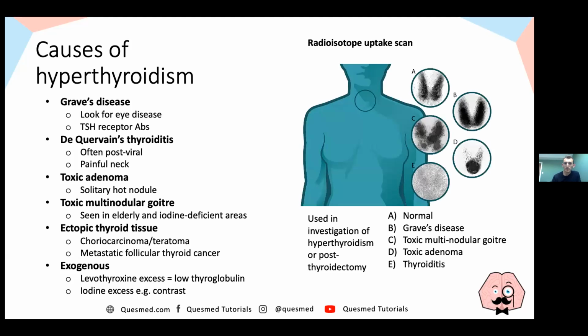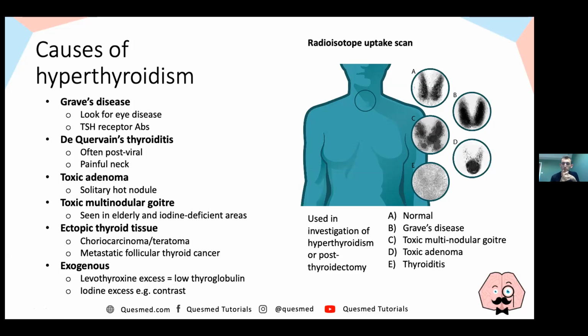The radioisotope uptake scan is a really nice way to differentiate between different types of hyperthyroidism. I've got this image here of different causes of hyperthyroidism and what they do. As I said before, in Graves' disease you see an increased uptake of the radioisotope.